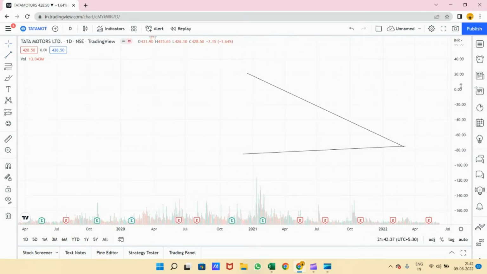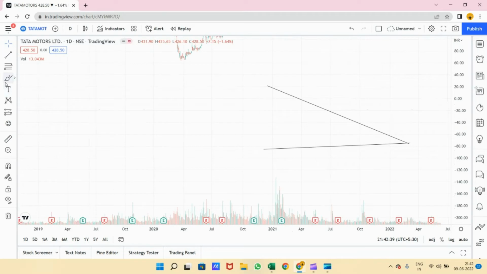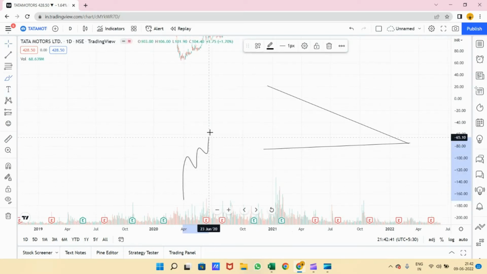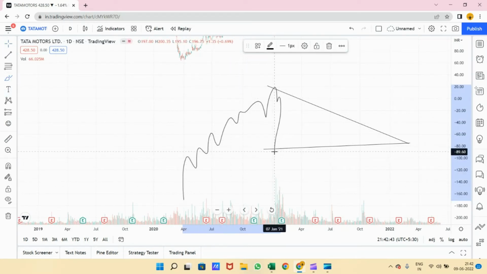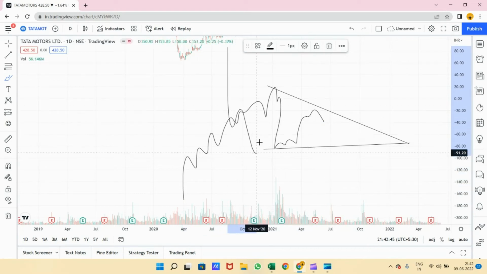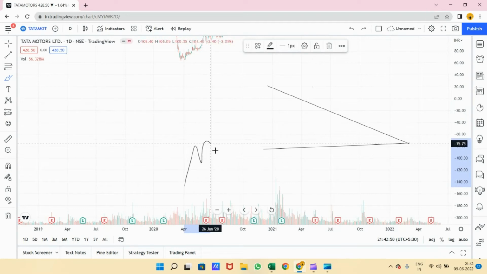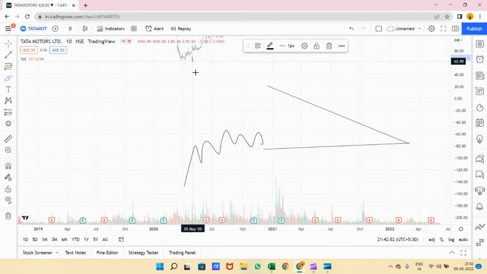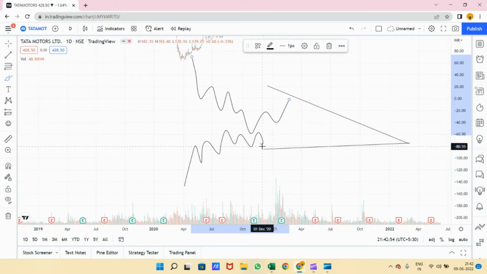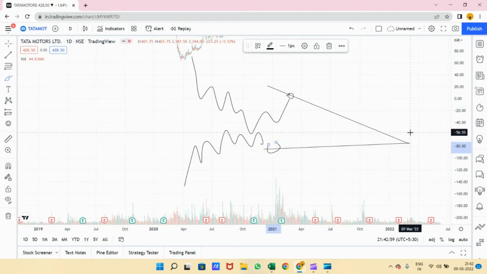So this is called the descending triangle pattern. It can happen on the upside, or it can come on the downside. Anything can happen, guys. The psychology behind it is that at a certain point the stock comes down or goes up, and the sellers short here. This is the opposite of the ascending triangle.